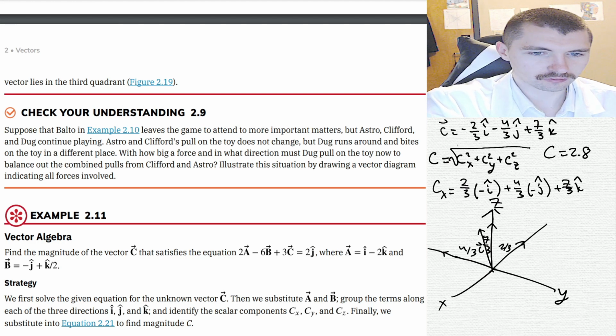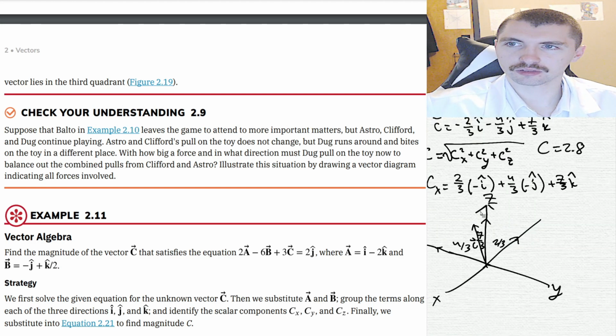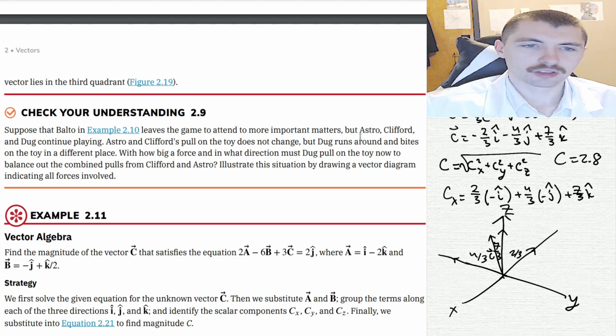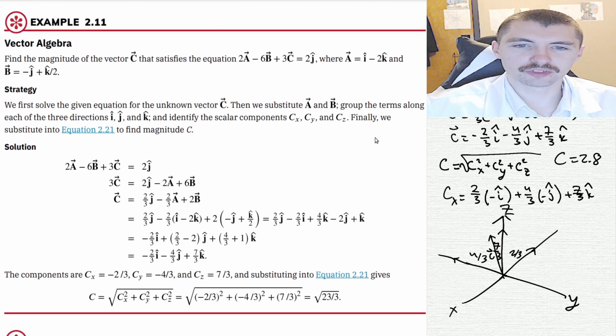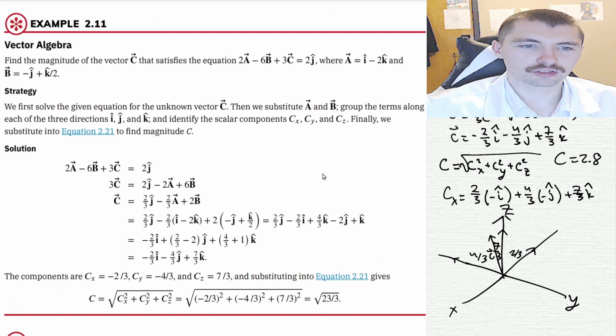Okay, sorry. Let's just see what the book's doing here, and see if anything we've done matches. So 2/3, 4/3, 7/3.